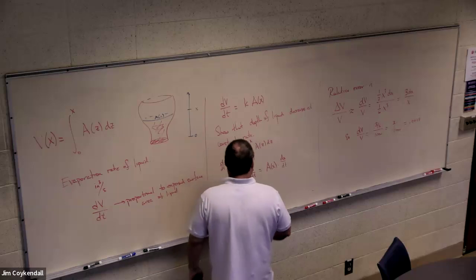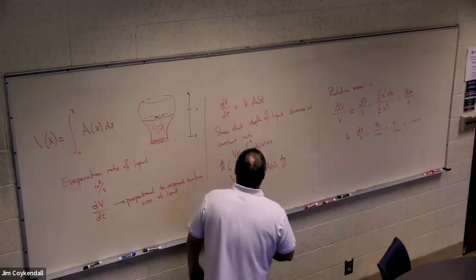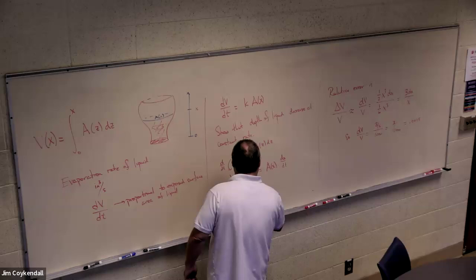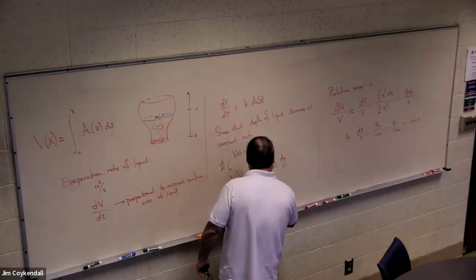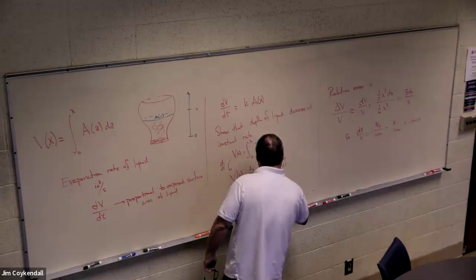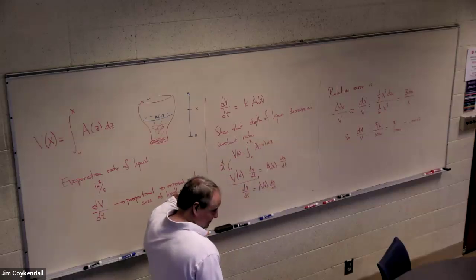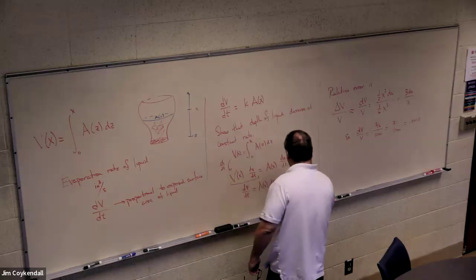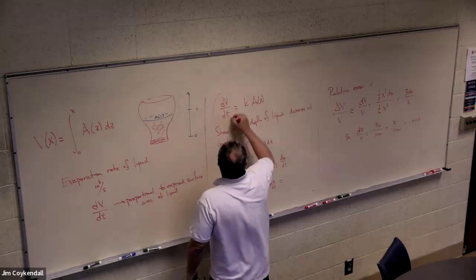But what is this thing right here? This whole thing right here is also dB/dt, because that's what I did. And this is A of x. Well, what is dB/dt? It's this.